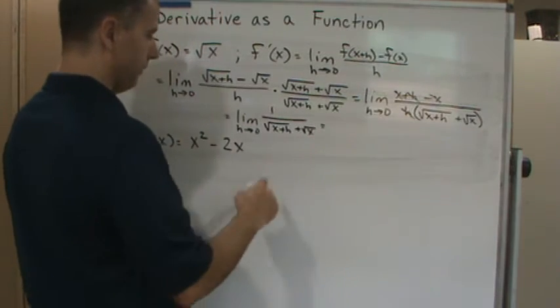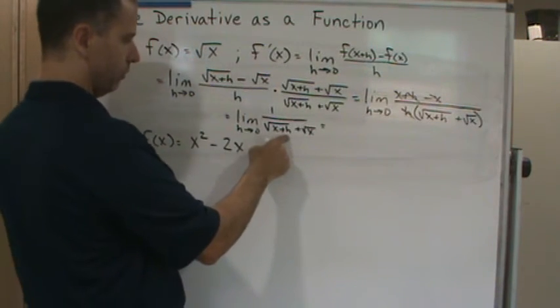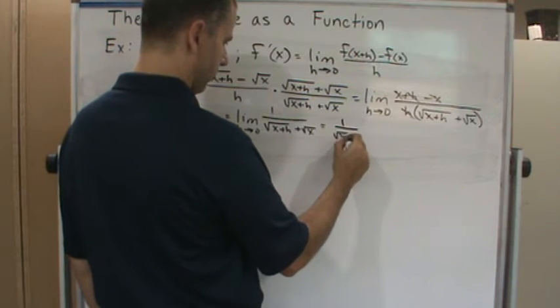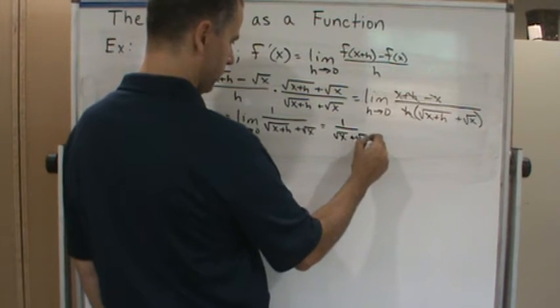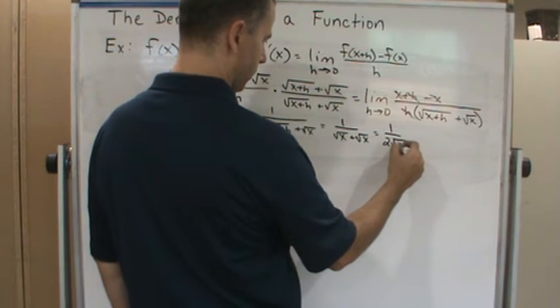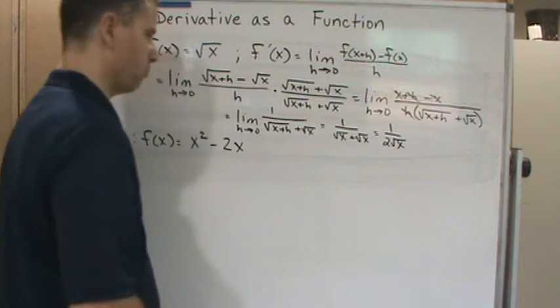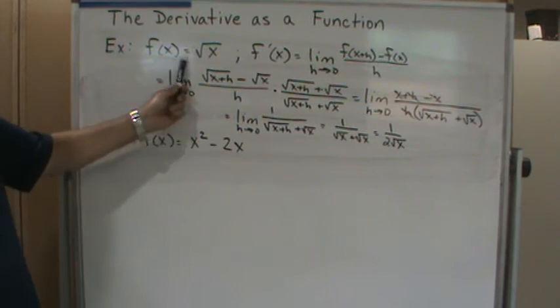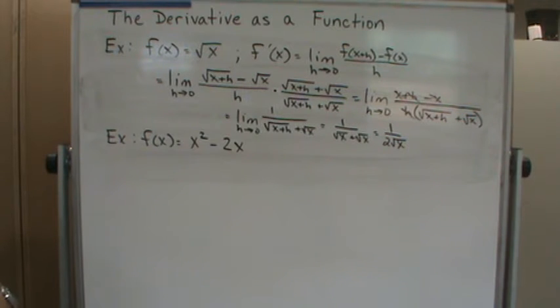And if I let h go to 0, I get 1 over the square root of x plus the square root of x, which gives me 1 over 2 root x. And that is the derivative function for square root of x. Okay, that's it.